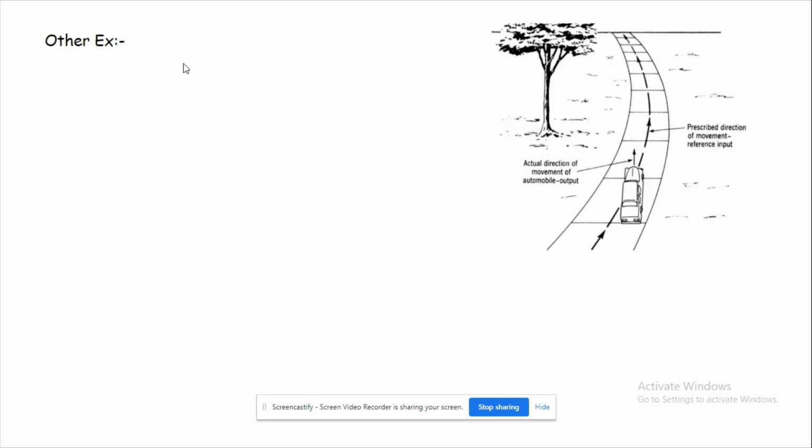The action of steering an automobile to maintain a prescribed direction of movement is a feedback control system. Here, the prescribed direction is the reference input and this one is the output. The driver's eye performs the function of comparing the actual direction and the desired direction, or the reference input.